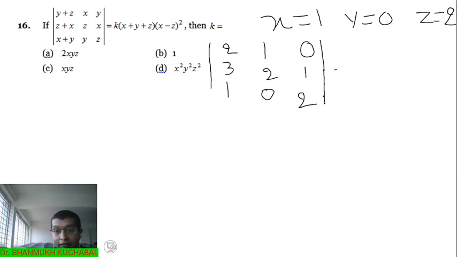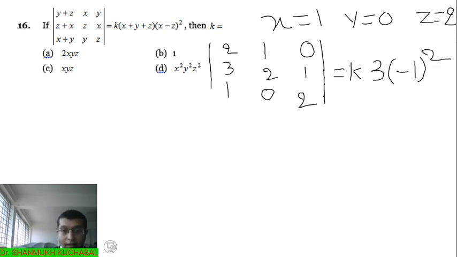And we need to find the value of k, so k as it is, then x plus y plus z, 1 plus 0 plus 2, that is 3, and x minus z, x minus z, x minus z, it is minus 1 squared.